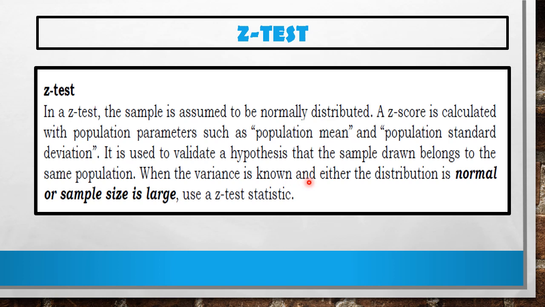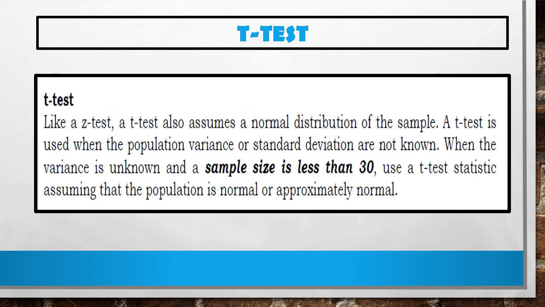When the variance is known and either distribution is normal or sample size is large, use z-test statistics. So you will be using z-test if normal and sample size is large. So first test is the z-test. Later, it will be further discussed kung kailan mo gagamitin yung z-test.